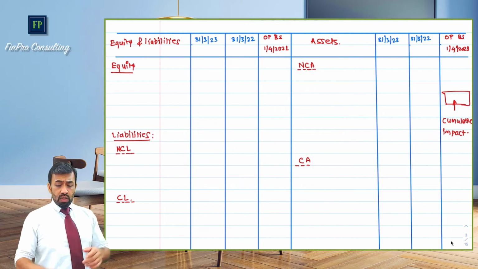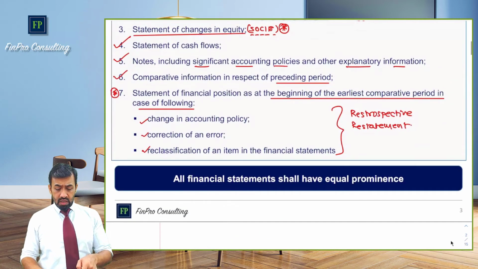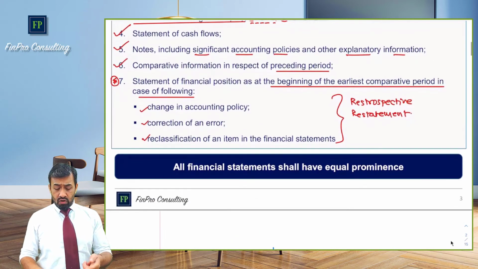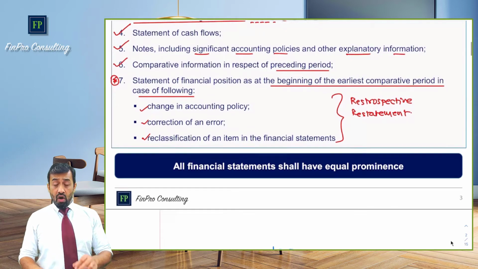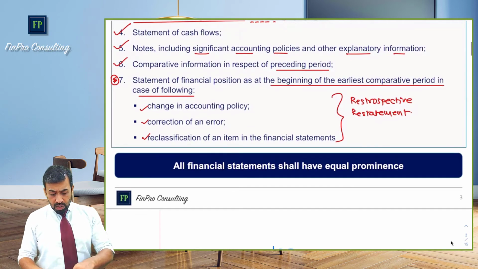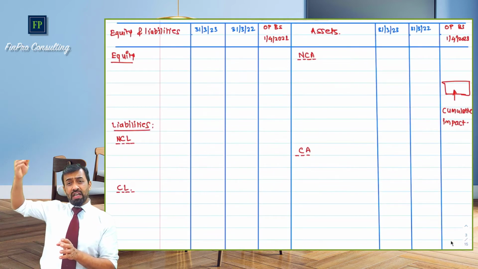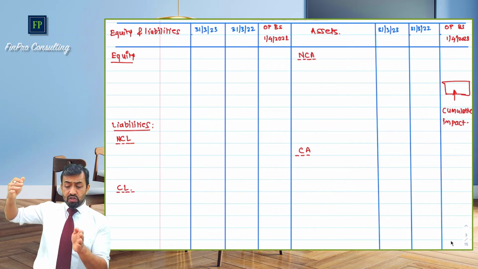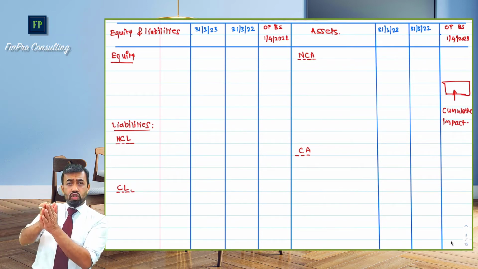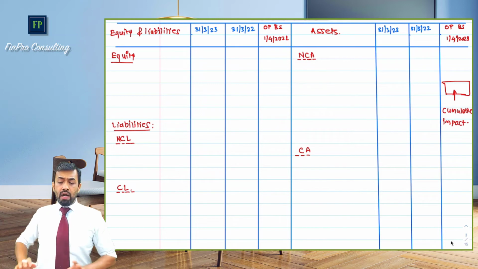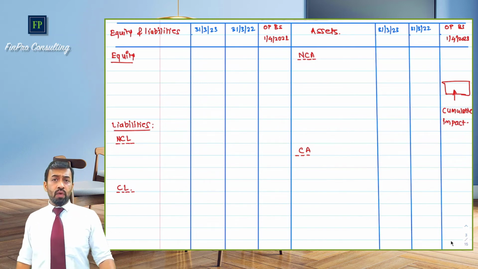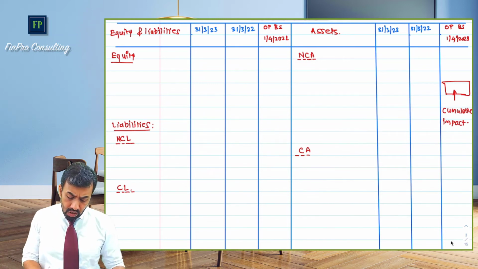Any impact with respect to change in accounting policy, correction or rectification of an error, or reclassification of any financial item, the impact prior to 2022, let's say from 14-15 to 31st March 2021, the cumulative impact will be provided under 1st April 2021. The corresponding impact will appear under equity in retained earnings.